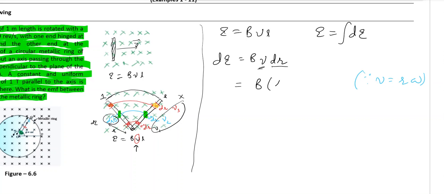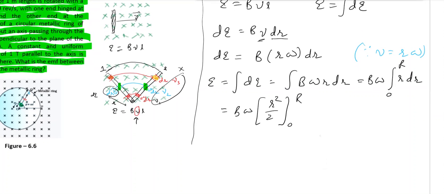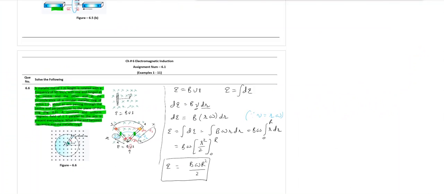So d epsilon is B omega r dr. This is the EMF produced in a small length of the rod, and then epsilon is the integration of d epsilon, that is the integration of B omega r dr. B is the constant magnetic field and omega the constant angular speed, so we integrate r dr from the center to the periphery, 0 to R, giving B omega r squared by 2 from 0 to R, and you will get epsilon equal to B omega R squared by 2.